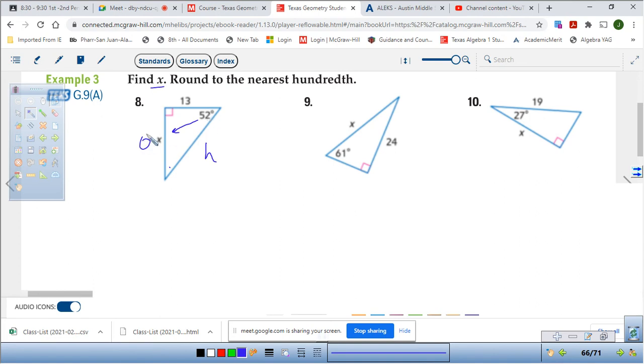They gave you the opposite. So you see O and H? Remember, that's SOH from SOH CAH TOA, right? So I'm going to say, okay, sine of 52 degrees is equal to opposite x over 13. Okay?